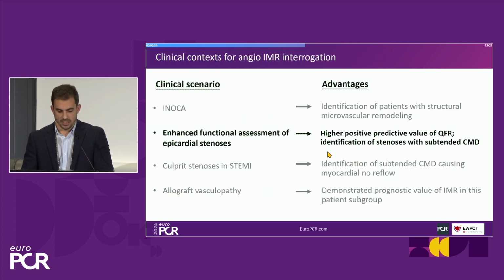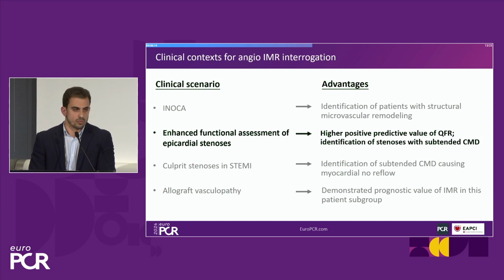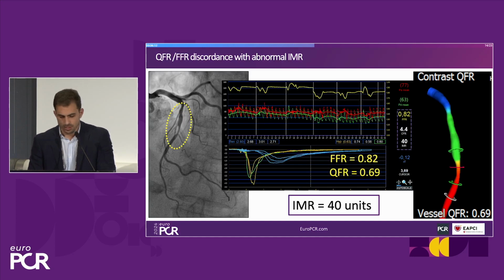To continue, another use of angio-IMR may be to complement QFR, because we know that there are some patients that have discordant QFR and FFR values, and here we know that the microcirculation may have something to say about it. So this is an example.